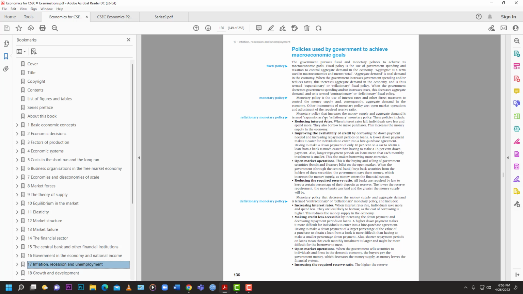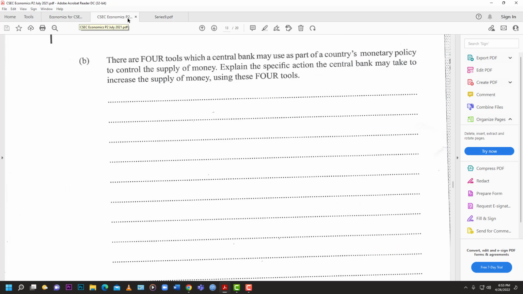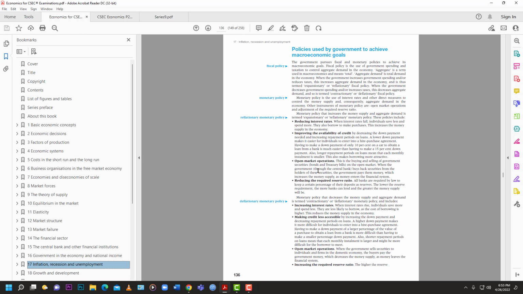They can manipulate the interest rates, and that could influence the money supply. But they want to increase the money supply. So as it relates to interest rates, they would lower the rate at which they're lending money to the commercial banks, and that would in turn reduce the interest rates that the commercial banks charge when lending money to the public.